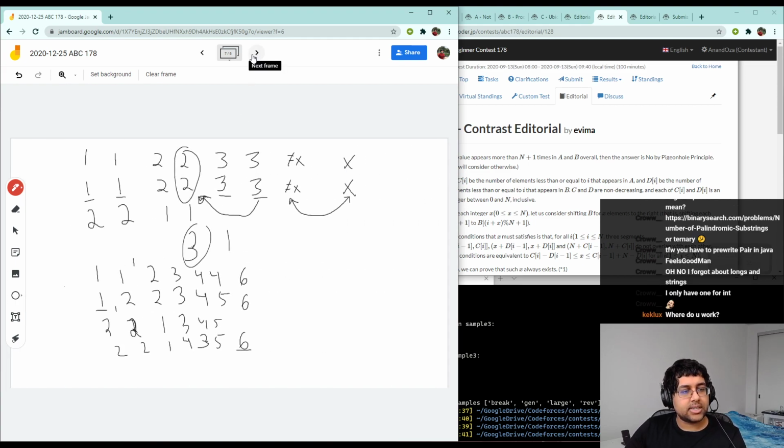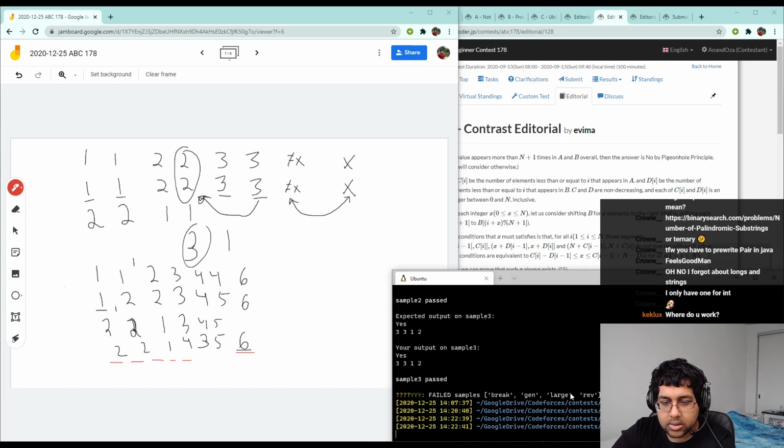So then my idea is that if I don't have that, I can always do a legal swap. And then I try to go through and do those swaps. So I always swap something with the next element that's greater than it. And then when I reach the last element with nothing greater than it, I just start swapping it with stuff from the beginning as appropriate. And it turns out that always works.